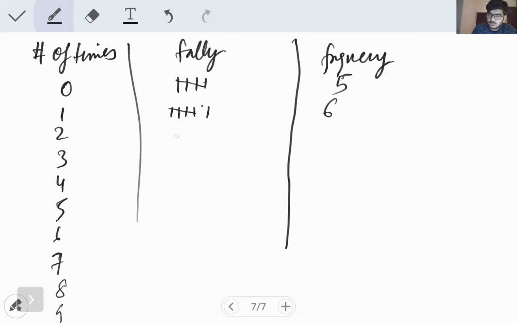So this will be 6. Similarly, for 2 it was 11. We will draw it accordingly, and let me write it directly. It was 5, 3, 1, 0, 1, 1. So this was the main thing that we will see. Just a second.